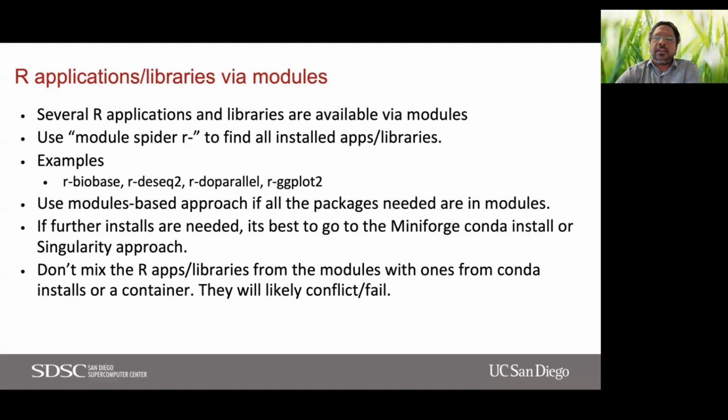So again, you can do a Miniforge install as I showed you before, and then just get the R packages from the conda-forge channel. Again, keep in mind, you cannot mix the R apps from the modules that we have with the ones from the conda installs. They will conflict and fail.